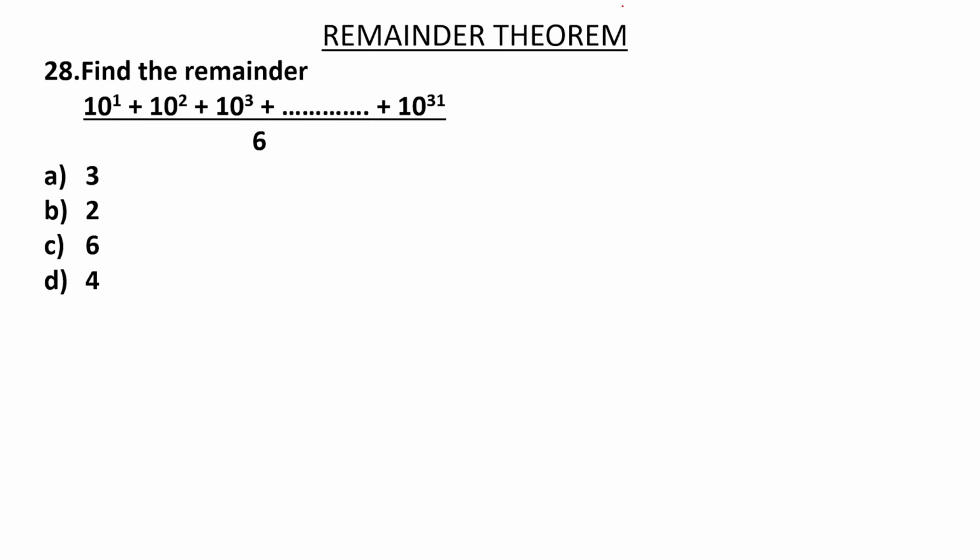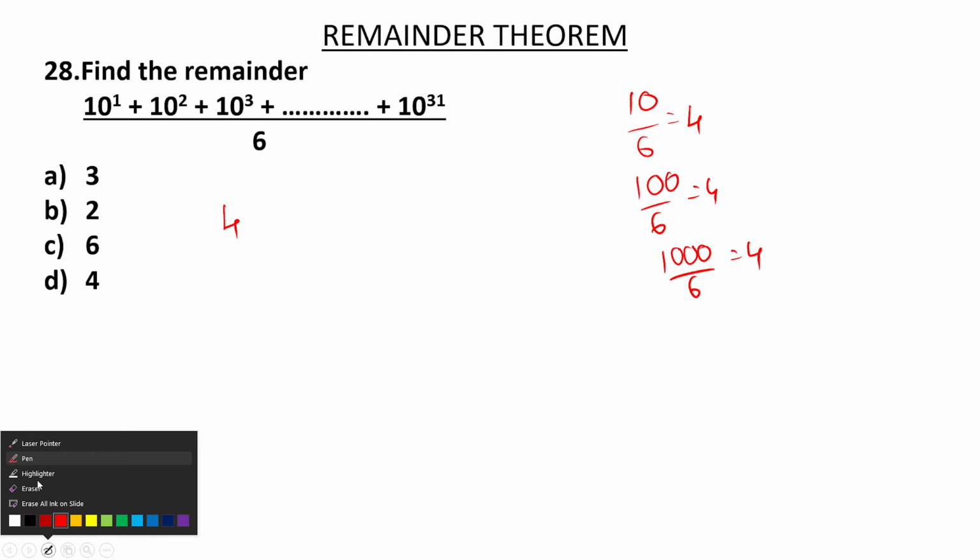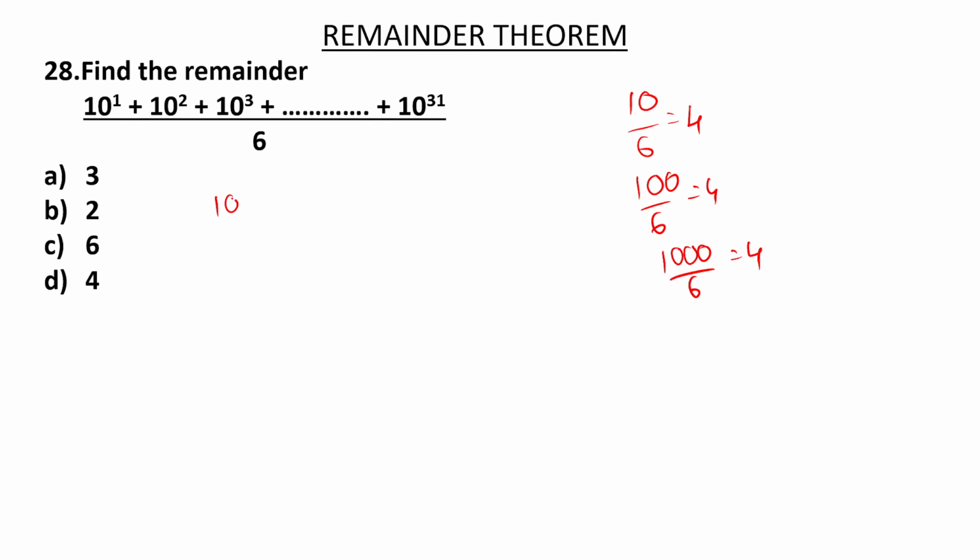Let me use the pen again. So 10 by 6 will get 4. 100 by 6 will get 4. 1000 by 6 will get 4. So here what I am doing is 10 power 1 by 6 plus 10 square by 6 plus 10 cube by 6 and so on up to 10 power 31 by 6.